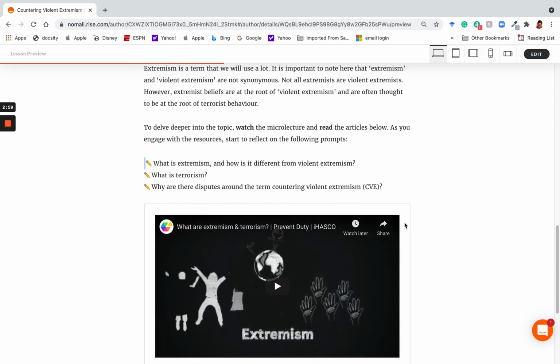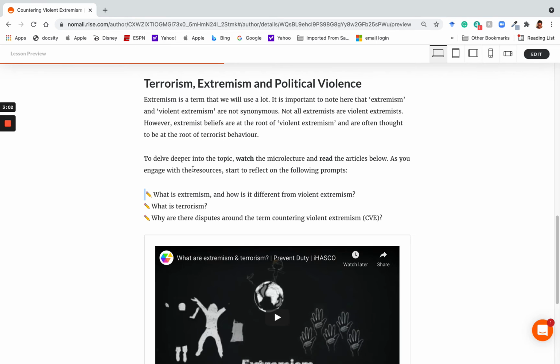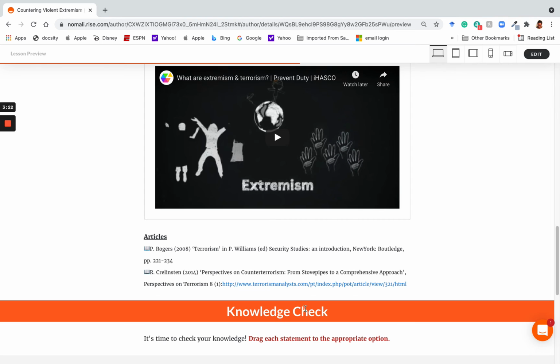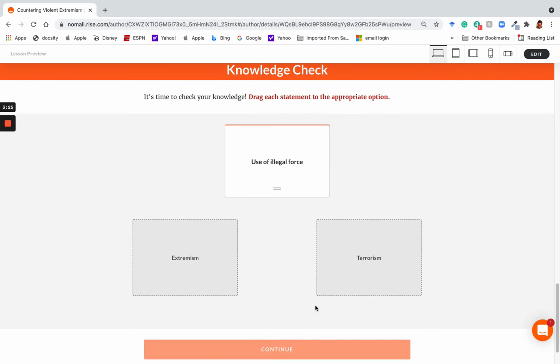Additionally, as seen here, I've also included some prompts to encourage the students to become even more actively involved and engaged as they start to reflect on making meaning of the learning and the resources that they engage with.